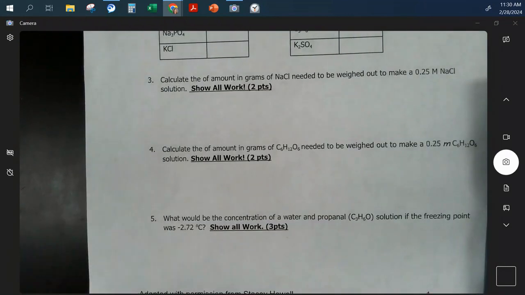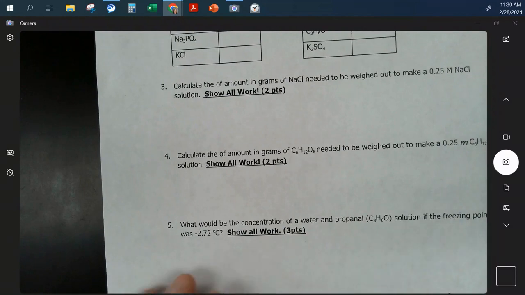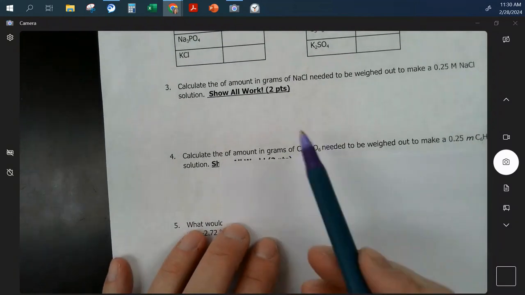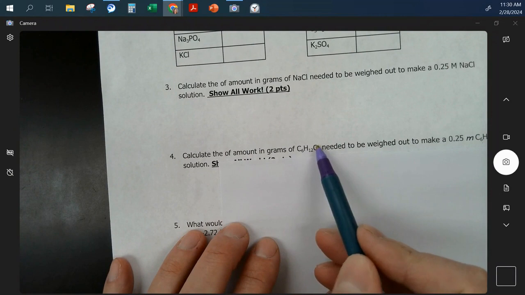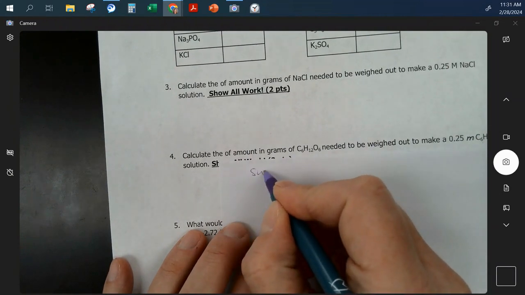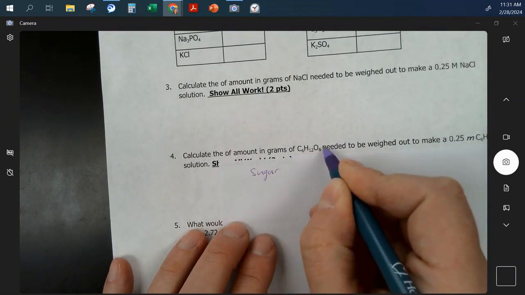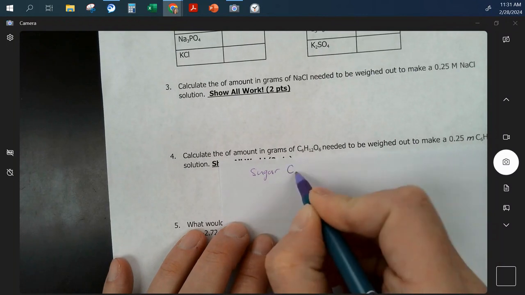Next one. The second thing you're going to do is calculate how many grams of sugar we are using. This is glucose. So we're going to use this equation.